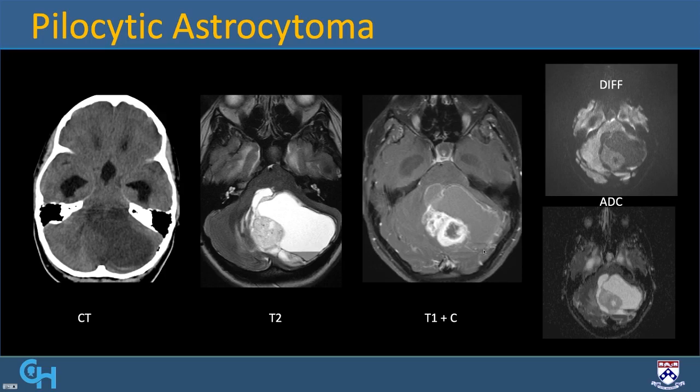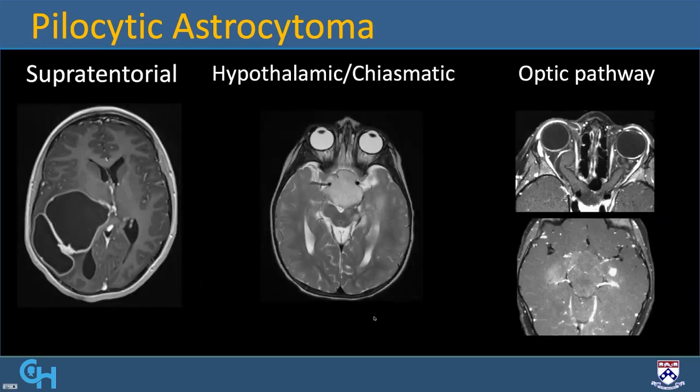But I want to point out again that in the mural nodule, there is absence of diffusion restriction. You may also notice that there is a level within a couple of the large cysts within this tumor, which is probably due to blood products because of the low signal that we can see here.